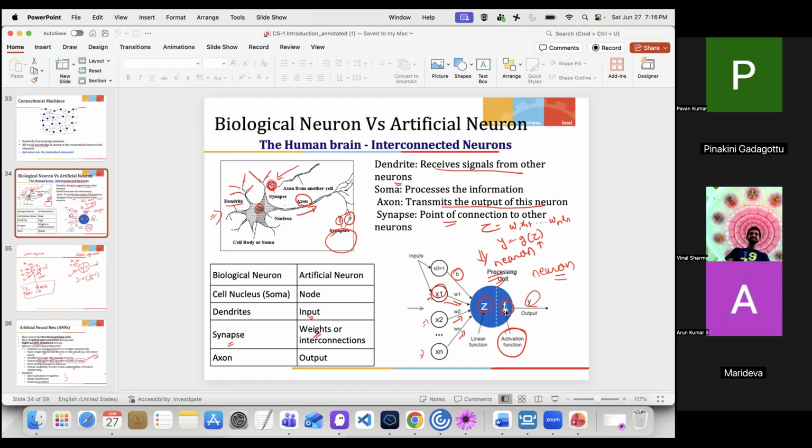That kind of function is an activation function. So it has two parts, summation and the activation function. The activation function can be non-linear also, like there are multiple activation functions: sine, sigmoid, ReLU, Tanh. These are some of the activation functions.